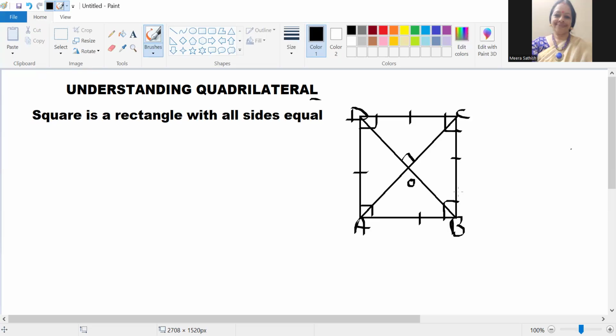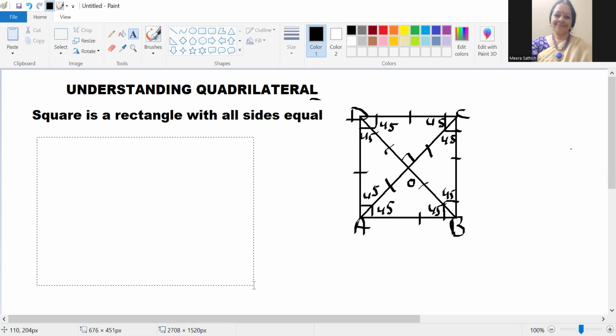So OA equal to OB equal to OC equal to OD. All are equal. Then AC and BD bisect vertex angle. That means this is 45, this is 45. All these are 45, 45, 45, 45. So that is the speciality of square.